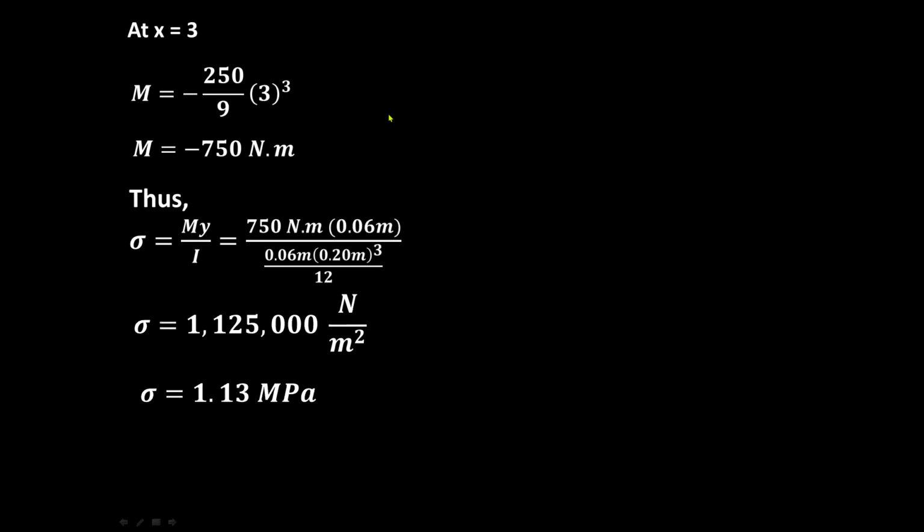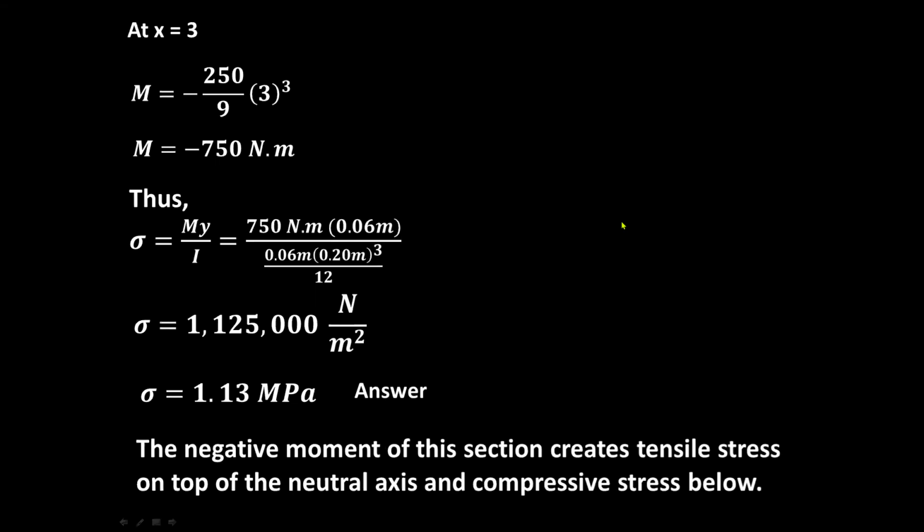Because megapascal, when it is Newton per square meter, is 1 times 10 to the 6, automatic. So the value of our flexural stress is 1.13 megapascal. And for the continuation, this is our conclusion. The negative moment of this section creates tensile stress on top of the neutral axis and compressive stress below. And that's it for our problem number 1.